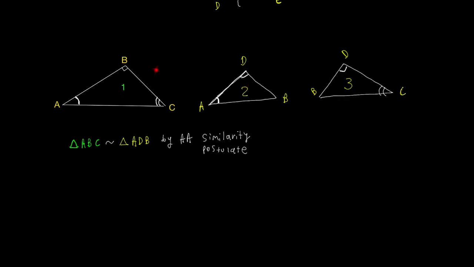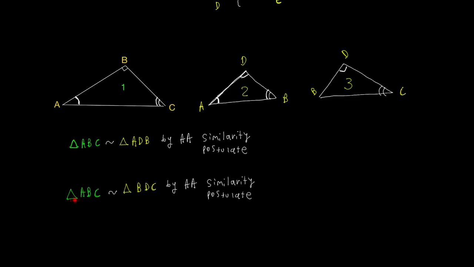Here these two triangles share the same angle of A, and they also share one 90-degree angle. That means that the two triangles are similar by the AA postulate, and moreover, since they're similar, we can claim that all corresponding angles have to be congruent, which then leads us to conclude that angle B and angle C, since they're corresponding angles, have to be congruent. So angle B is also with two tick marks.